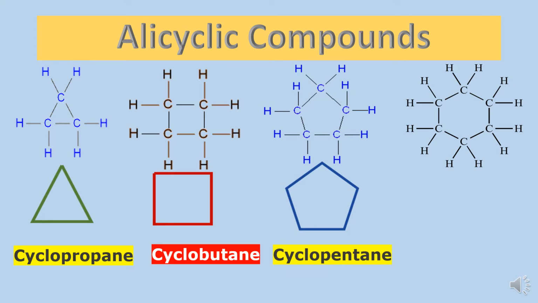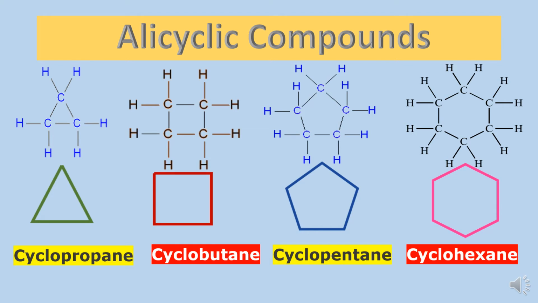The next one in the series, a ring of 6 carbon atoms, all single bonded, and the name is cyclohexane. So in this way, all saturated and unsaturated rings which have or do not have planar structure are classified under alicyclic compounds.